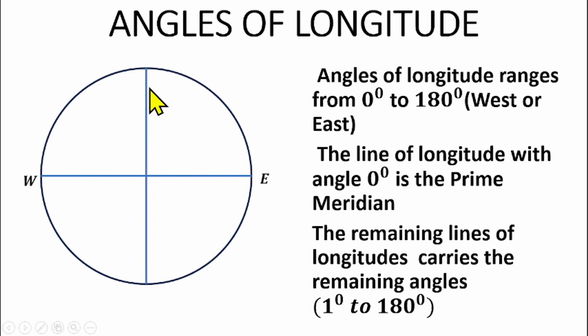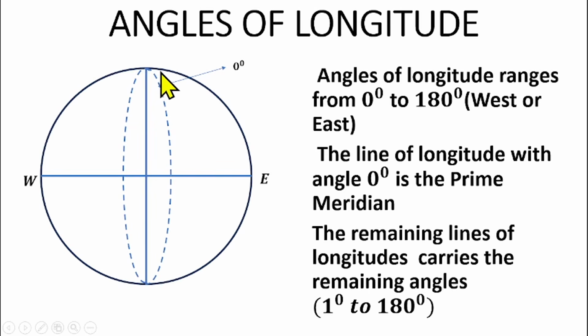If I draw this line now, which is a line of longitude that passes through the center of the Earth, that will be the prime meridian, and it carries 0 degrees.